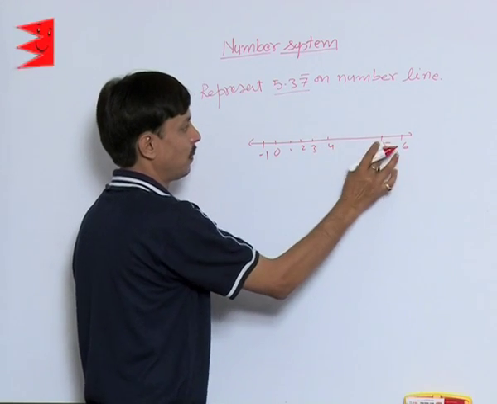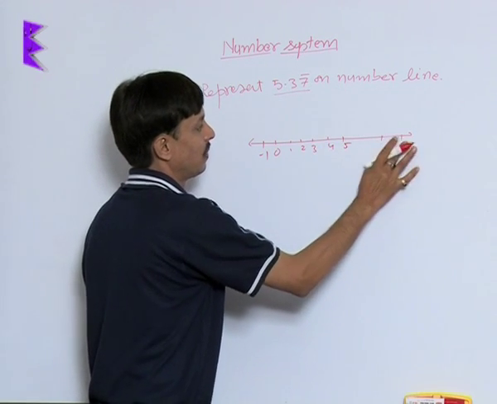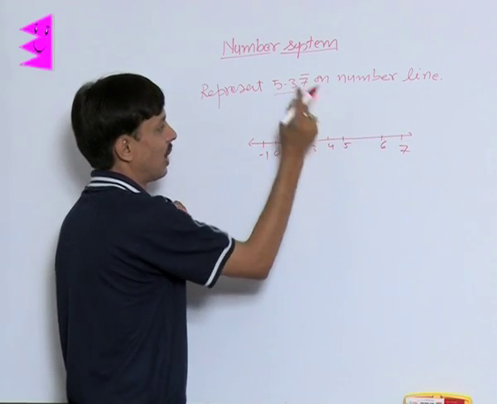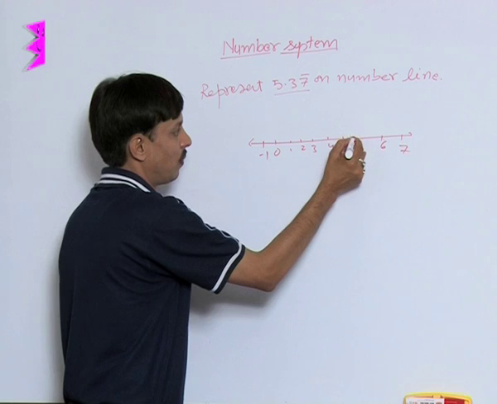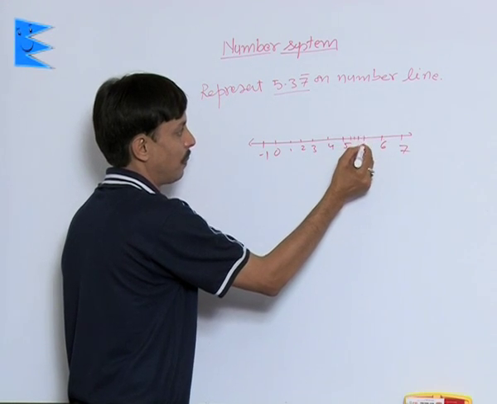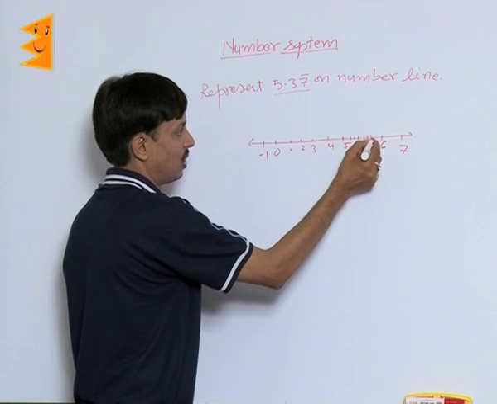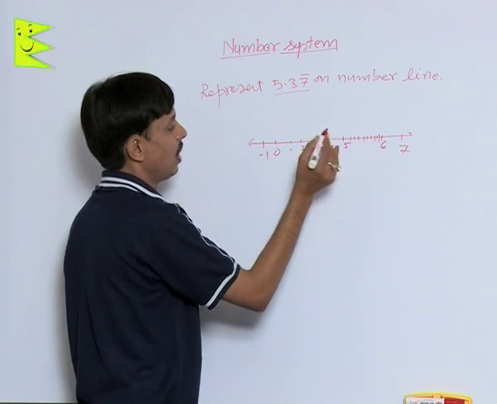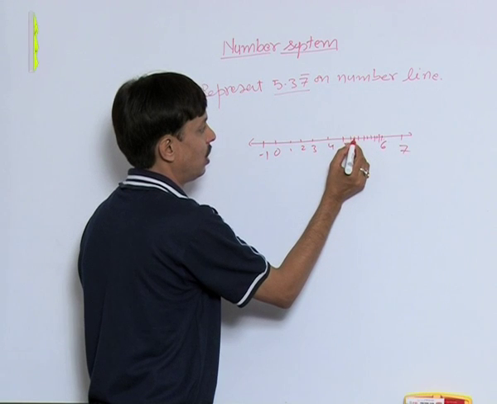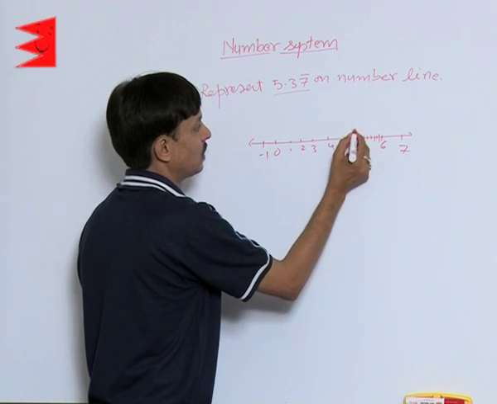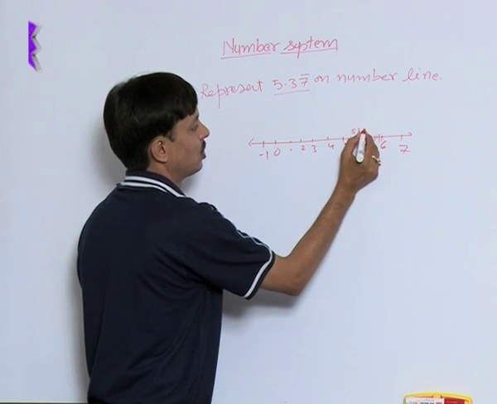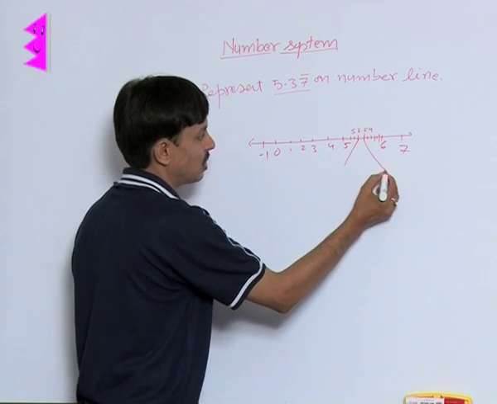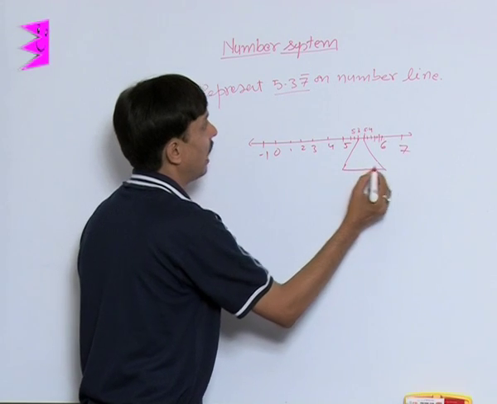So if I take here 4, it is 5, then I can take 6 and 7. This is 5, this is 6. 5.3 means 5.1, 5.2, 5.3, 5.4, 5.5, 5.6, 5.7, 5.8, 5.9 and 6. This is 5.3 and this is 5.4. Between these two there will be some position like this.